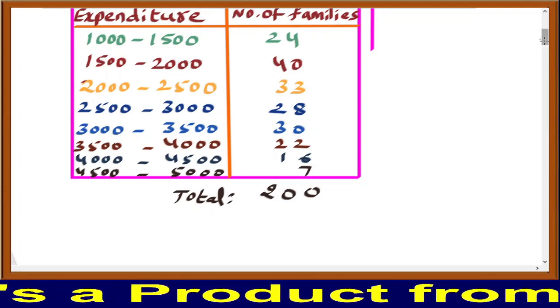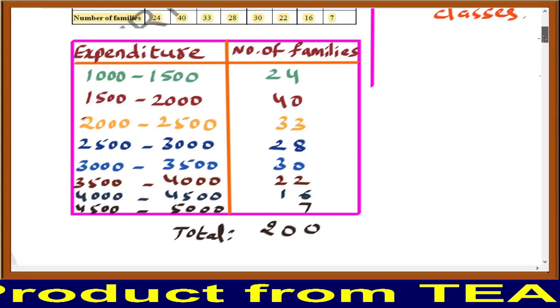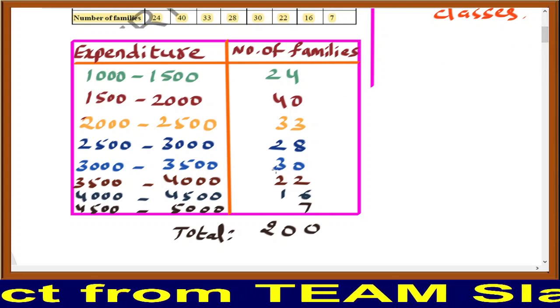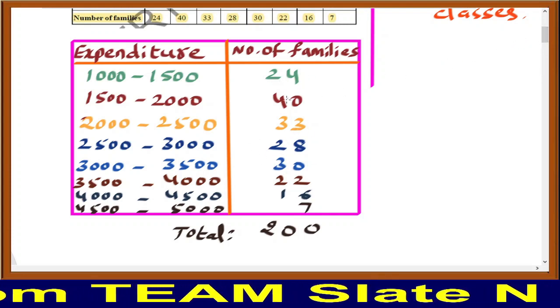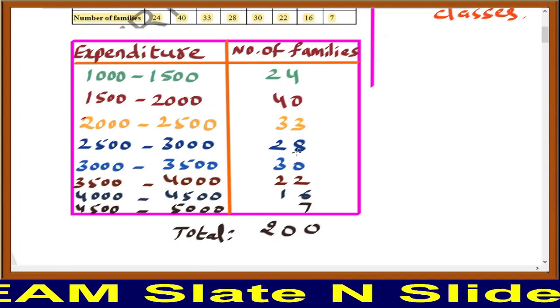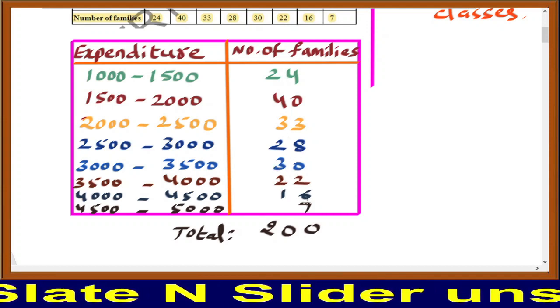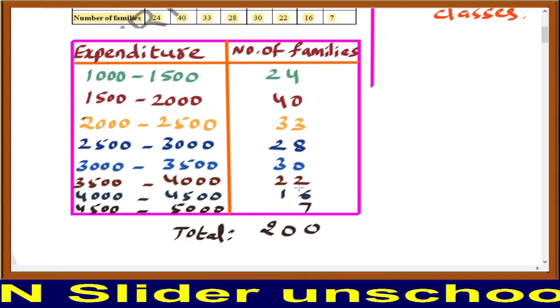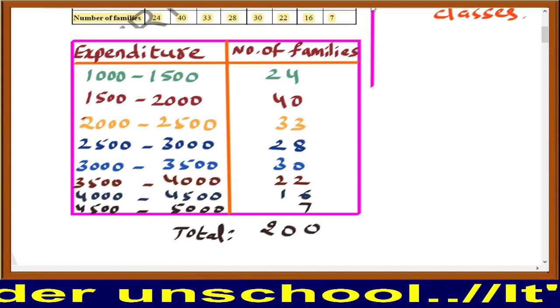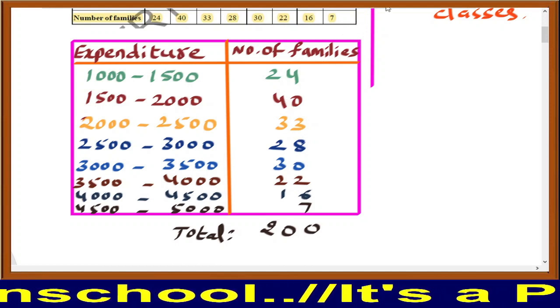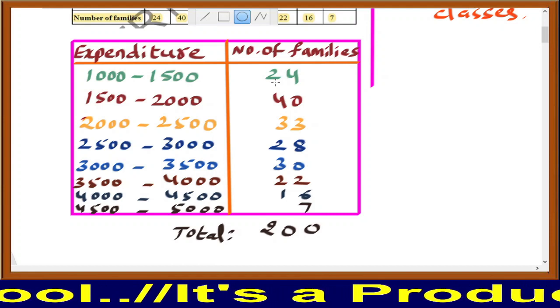So, in this data, first of all, we have to find out the highest frequency: 24, 40, 33, 28, 30, 22, 16 and 7. Among all these numbers, the highest frequency is how much? The highest frequency is 40.